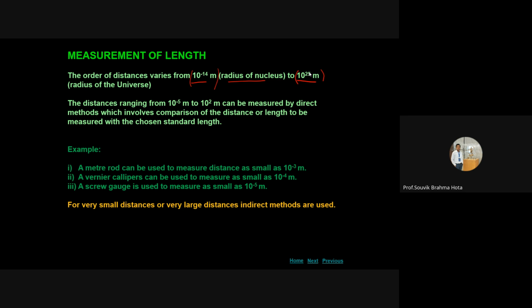The distance that ranges from 10 to the power minus 5 to 10 to the power 2 can be directly measured, but distances smaller than 10 to the power minus 5 or larger than 10 to the power 2 have to be measured by indirect method.